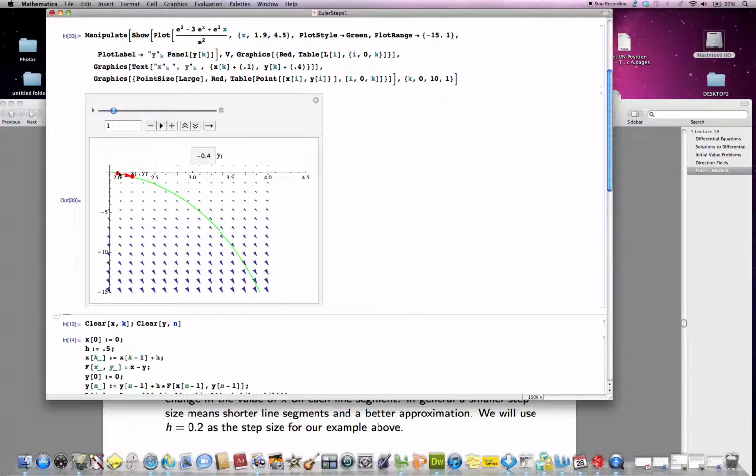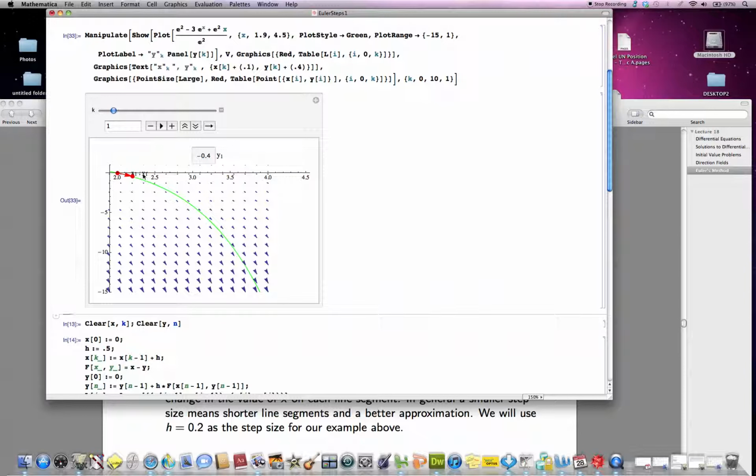That gives us the slope of the tangent to the actual solution. We've shown the actual solution here in green, and we follow that arrow until we get to the point where x1 equals x0 plus h, x0 plus our step size. So until the change in the x's is equal to our step size, which is 0.2.